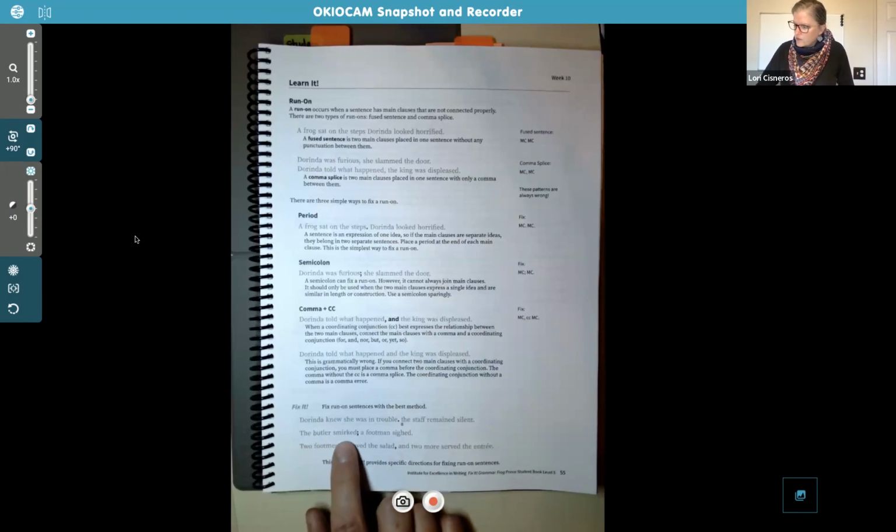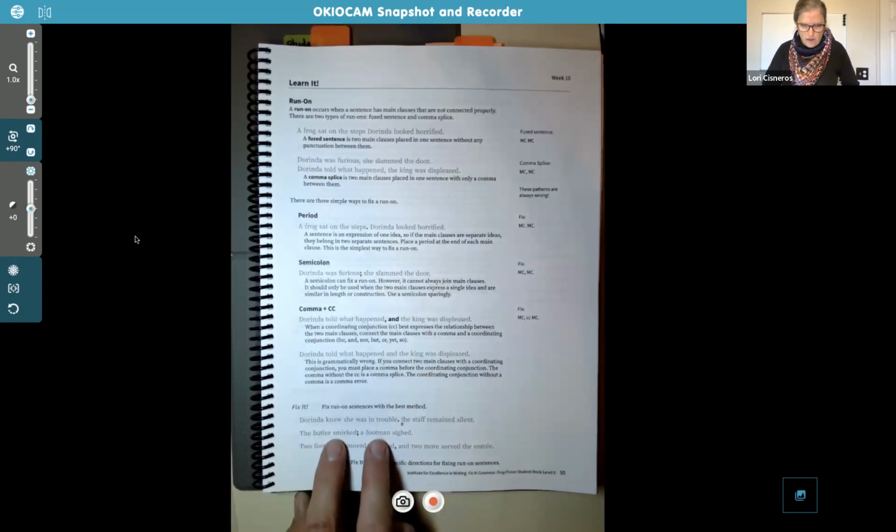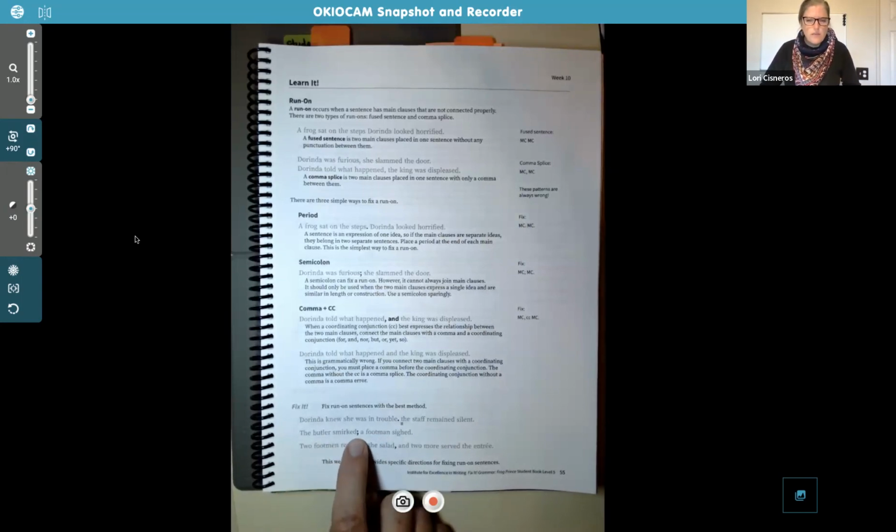The butler smirked, a footman sighed. So on this one, both the butler and the footman are responding to Dorinda's attitude. So their responses express a single idea. They're both responding to the same idea. The main clauses are similar in length. And so you would use a semicolon for this one.